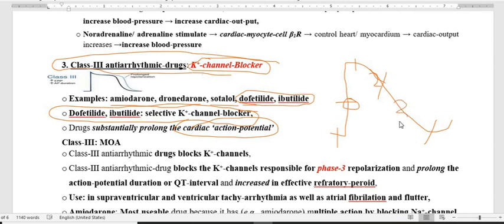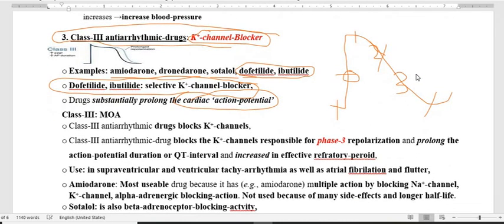So this repolarization phase is because of potassium ions escaping out. So this is going to be blocked. When it gets blocked, it prolongs this phase, so there is prolongation of the repolarization phase. Phase 3 gives rise to the repolarization.